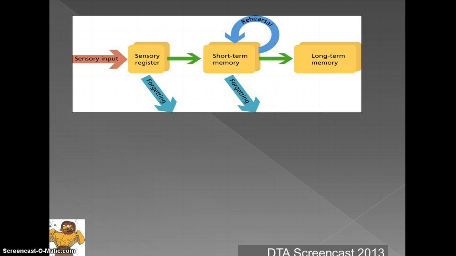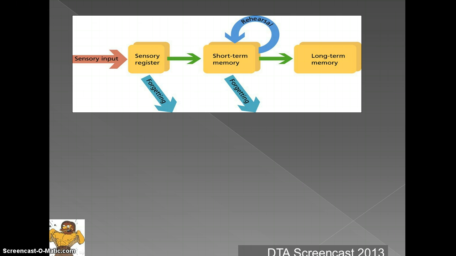So what we have here is the 3 stages of the model, and we're going to start with the sensory input, which is here. As we've looked at in the information processing model, this is the senses that we're receiving in, and we keep these in our sensory register to start with, or the sensory store.